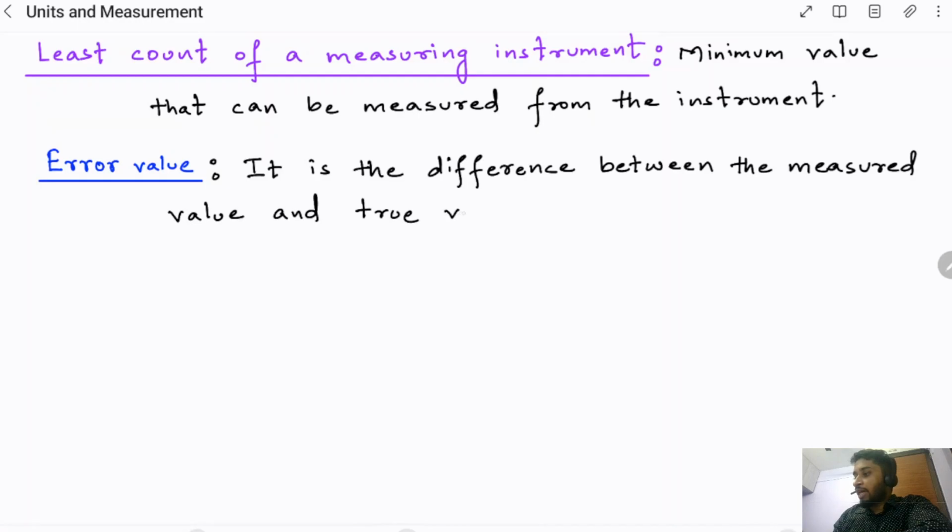Okay, so whenever we are calculating error value, it is simply the difference between the measured value and true value.